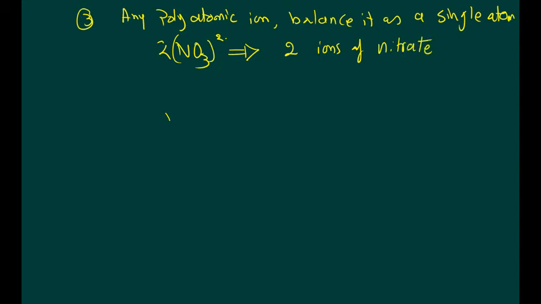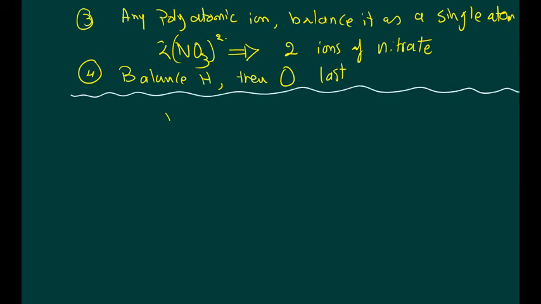Don't say I have 2N and 6O. Don't say that. Number 4, balance hydrogen and then oxygen last. So the last atoms that you should balance are hydrogen and then oxygen. In KPI 8.9, you need to learn how to balance a chemical equation. So we should practice balancing many chemical equations here.